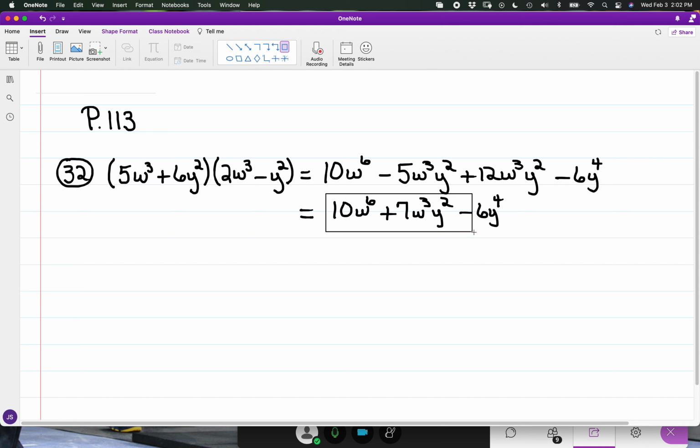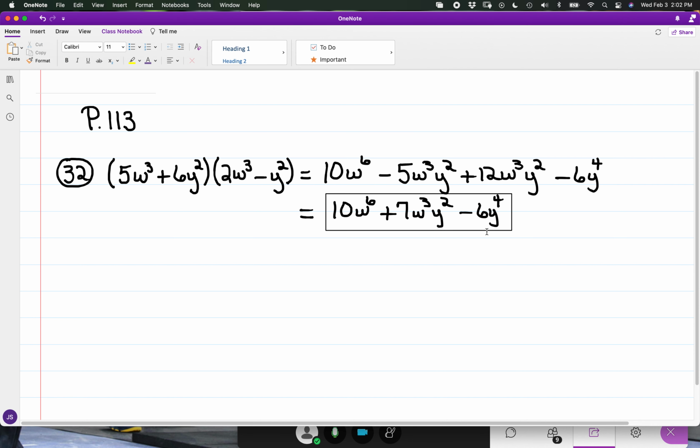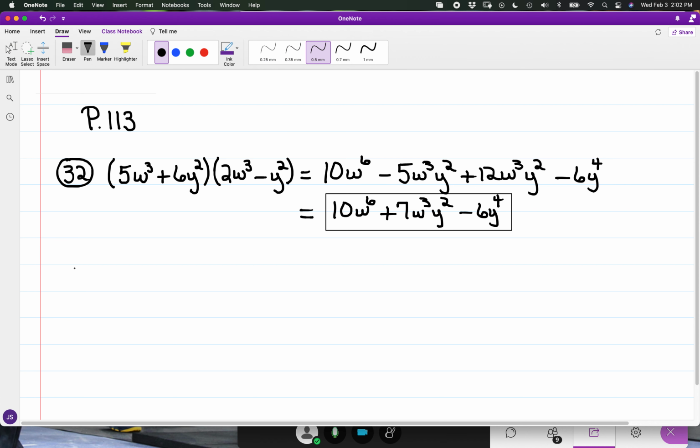Now, in the case of the next item, number 34, this time we're going from two variables to working with the single variable t, and we have almost the exact same terms, but the binomials will have the opposite operations.